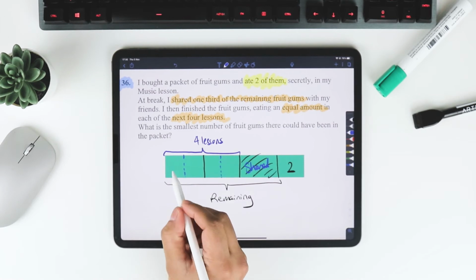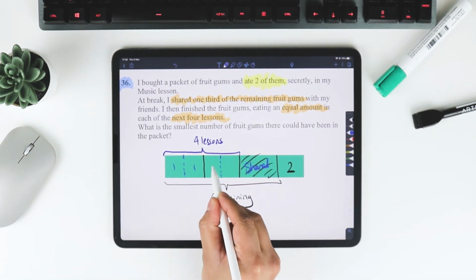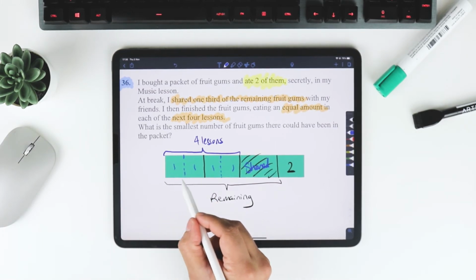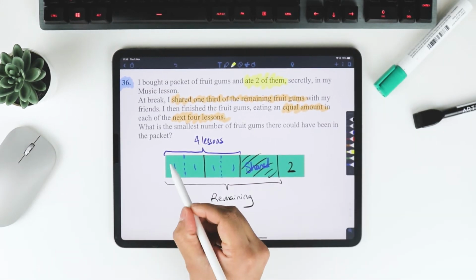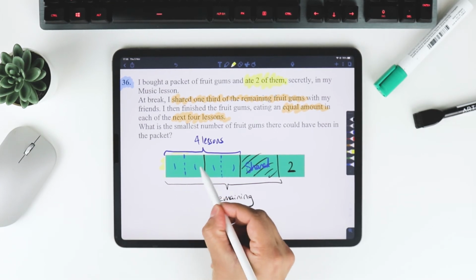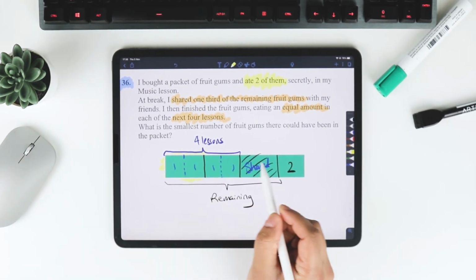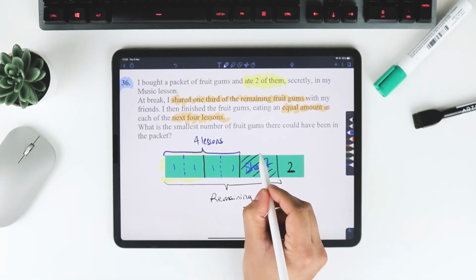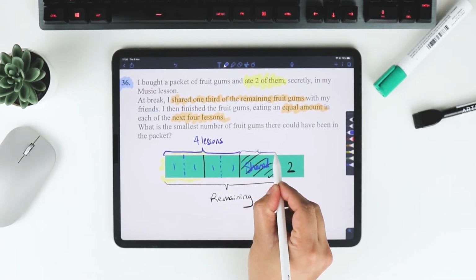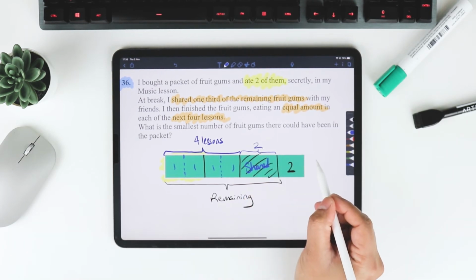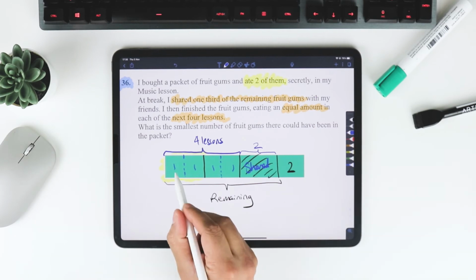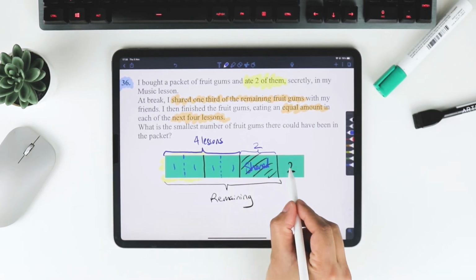If he just had 1 in each of the 4 lessons, then this 1/3 section is going to be equal to 2. So he must have shared 2 at break, and he had 2 originally. So that's 1, 2, 3, 4, 5, 6, 7, 8.